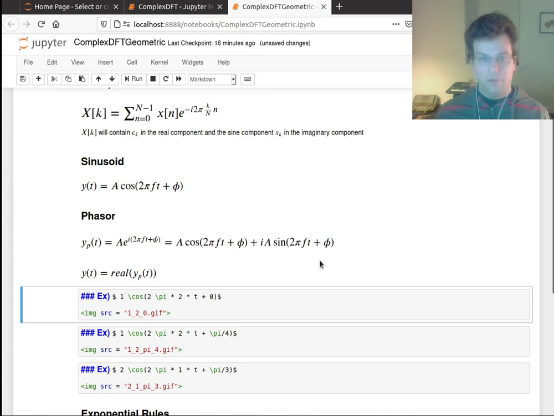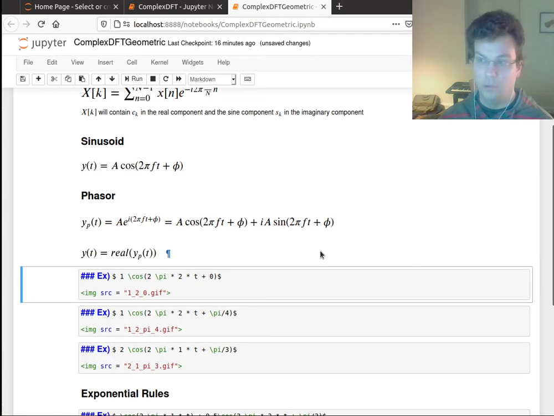Okay, but the phasors are very interesting to plot and to understand geometrically. So remember, as I told you in the last module, we plot the real component of a complex number on the x-axis, and we can plot the imaginary component of the complex number on the y-axis.